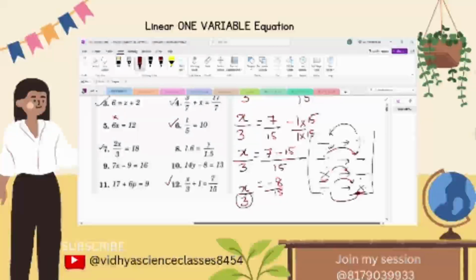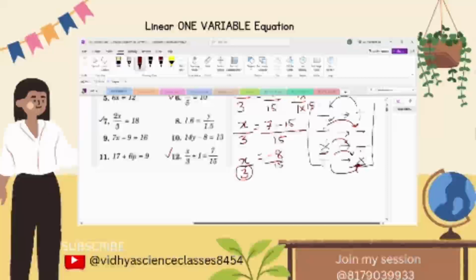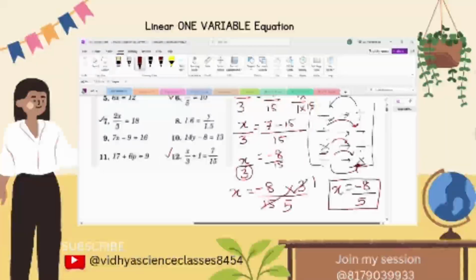The division will go to that side with multiplication. So x is equal to negative 8 divided by 15 multiplied by 3. So 3 ones are 3, 3 fives are 15. So the x value is x equals minus 8 by 5. And that is your answer. Here, Ritu? Yeah. Very good.